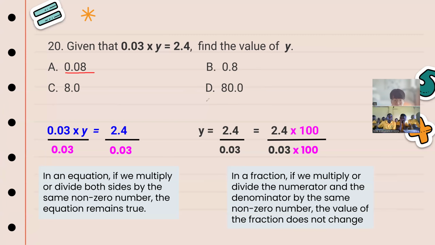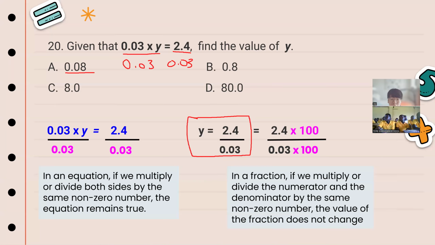So we know 0.03y equals 2.4, and we divide both sides by 0.03. That should equal y, right? And how do we find 2.4 over 0.03?